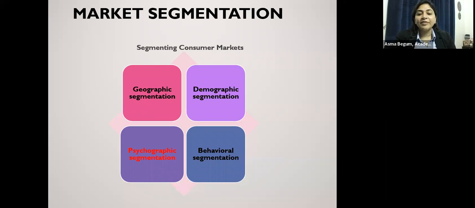Whereas behavioral segmentation is more into loyalty based on occasions, usage rate, and usage status. So based on these segmentations, it helps the organization to further target the market.